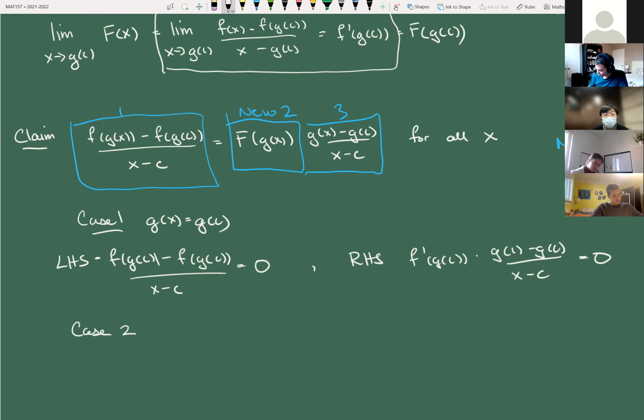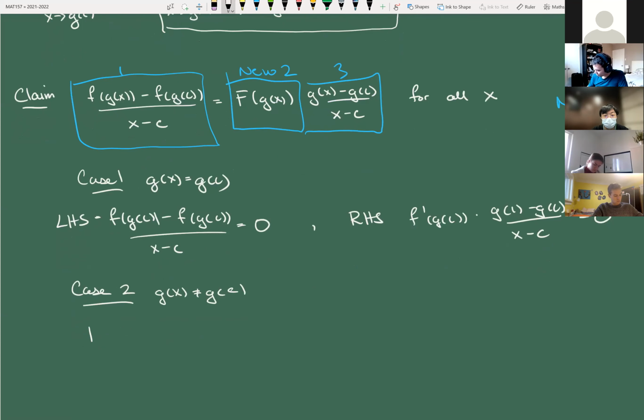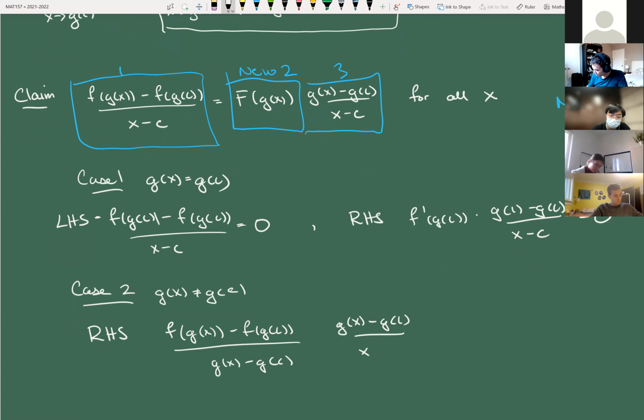And when they're not equal, well, then the right-hand side is f of g of x minus f of g of c, divided by g of x minus g of c, times g of x minus g of c divided by x minus c.